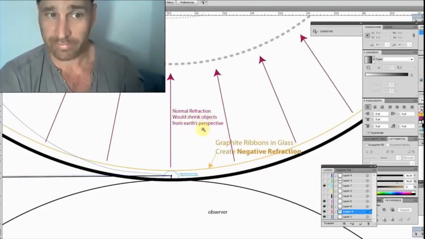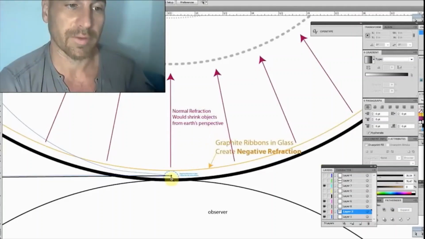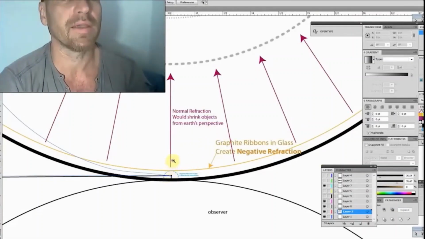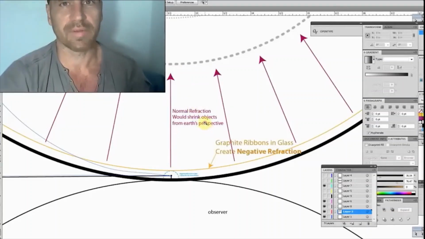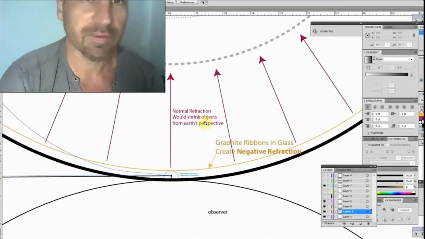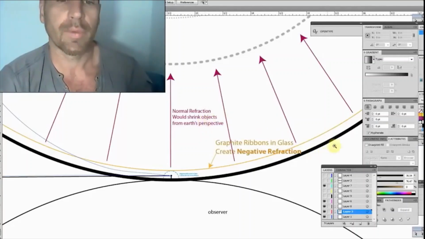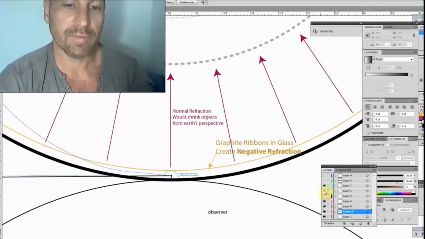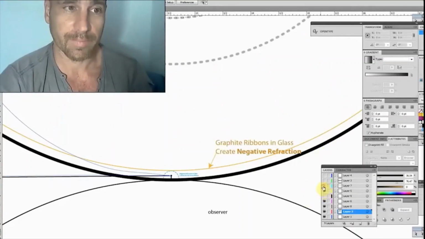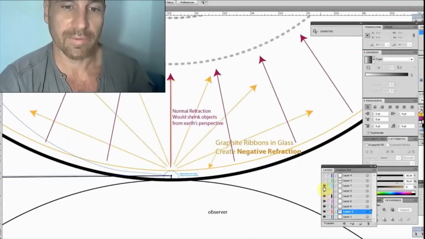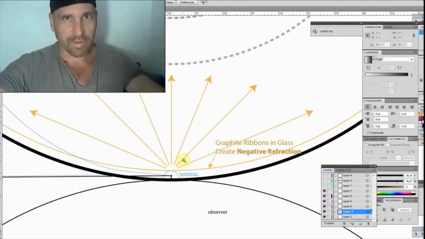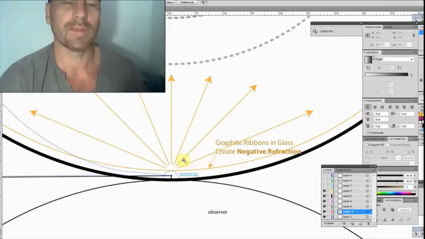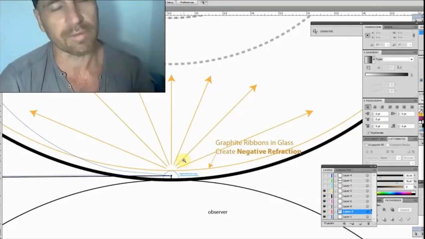It would shrink objects from Earth's perspective. So if you're down here looking up into the sky, it's shrinking the heavenly objects, giving the normal indications of normal refraction. However, because of the graphite ribbons within the glass sky, it is actually inverting the sky, so it's diverging outward toward you. And that's also why I believe we get the sun and moon illusion at the horizon.